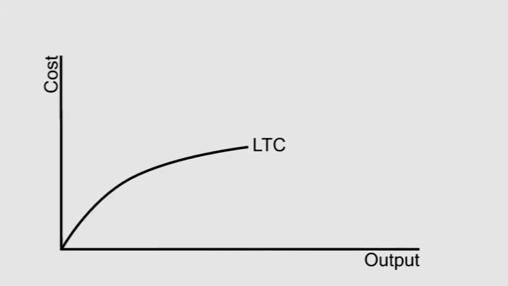In the second case, we think that for some production processes, costs rise relatively slowly, and then at some level of output, they rise relatively rapidly again. So for some industries, long-run total costs look something like this.